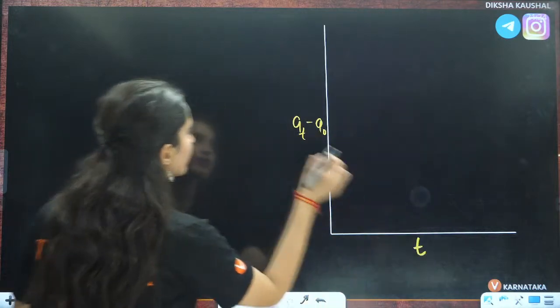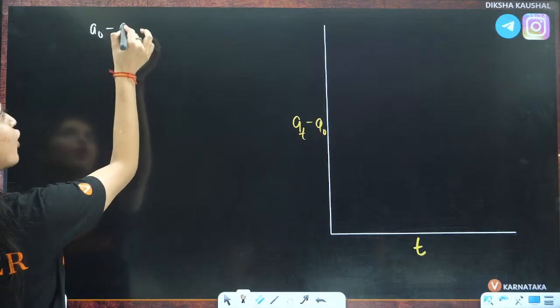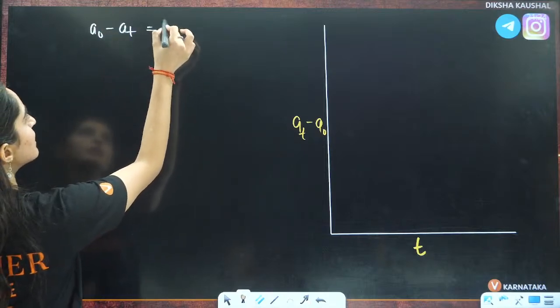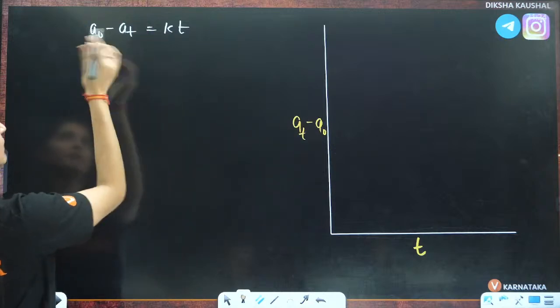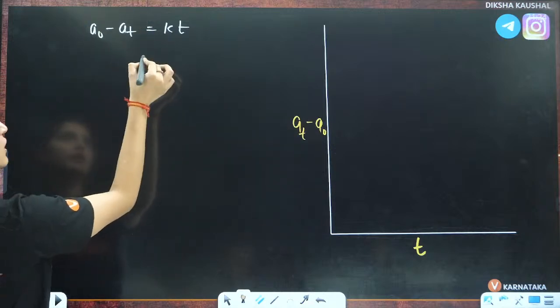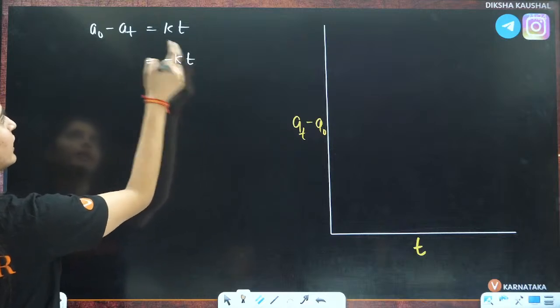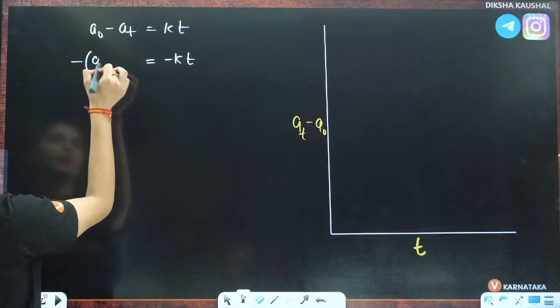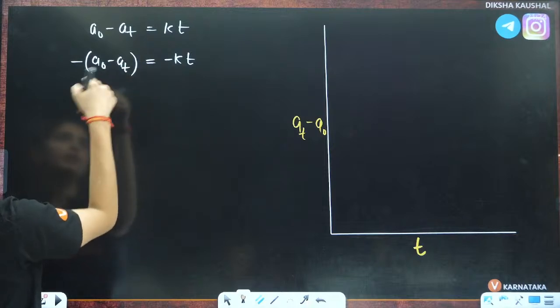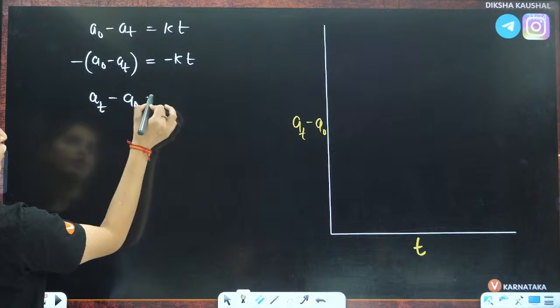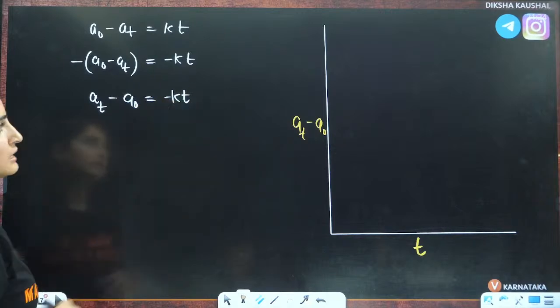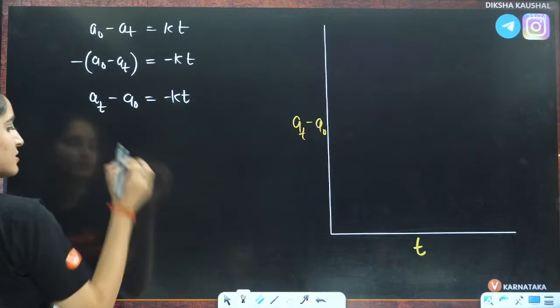Now, ma'am, what is the difference? Because the formula is A naught minus AT equals KT. So if you want AT minus A naught, take the negative of this, so it will become minus KT. Multiplying by negative, minus minus becomes plus, so AT minus A naught is equal to minus KT. That is going to be your answer.